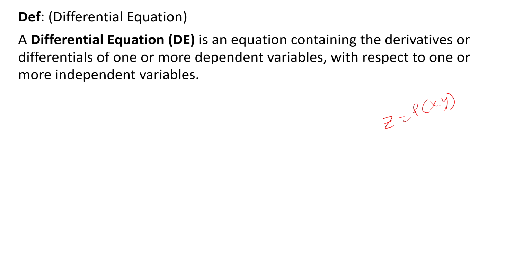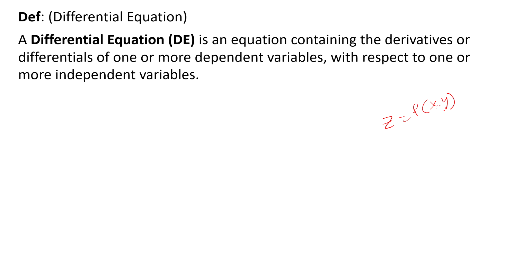I don't know how to erase with this one. Okay, we'll cross the bridge when we get there. Is that the American expression? All right, z equals f of x, y. In that case, we have x and y as independent variables and z is the dependent variable.